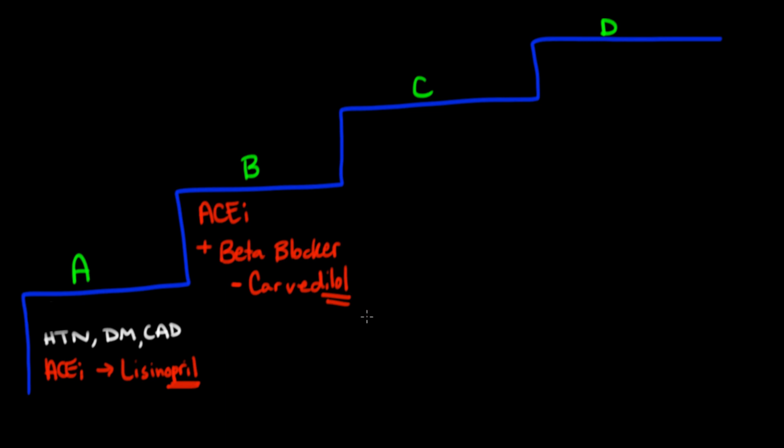In stage C, you have to remember that this is the first time that we have symptoms. And so on top of everything that we've previously used, we're going to treat the symptoms. And so all patients here are on an ACE inhibitor and a beta blocker. But now for symptomatic relief, we also use a diuretic. And an example of a diuretic would be something such as furosemide. This is also known as Lasix.